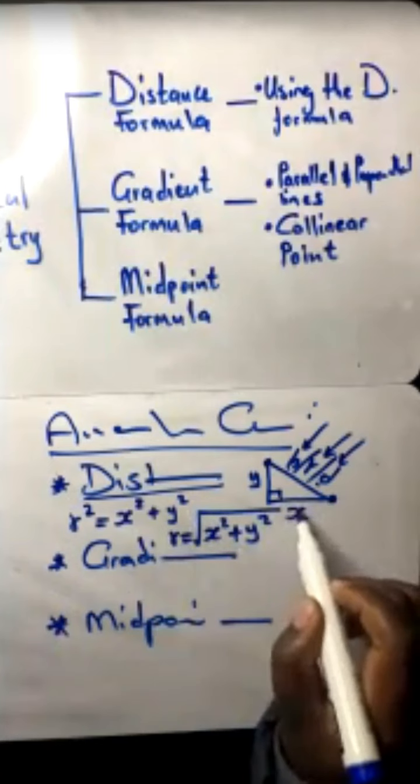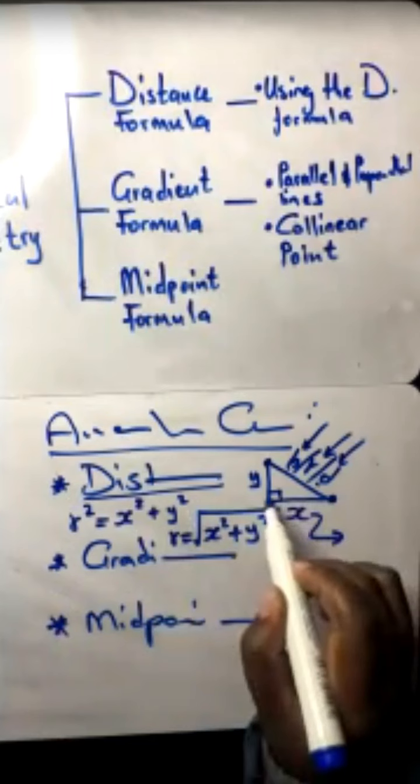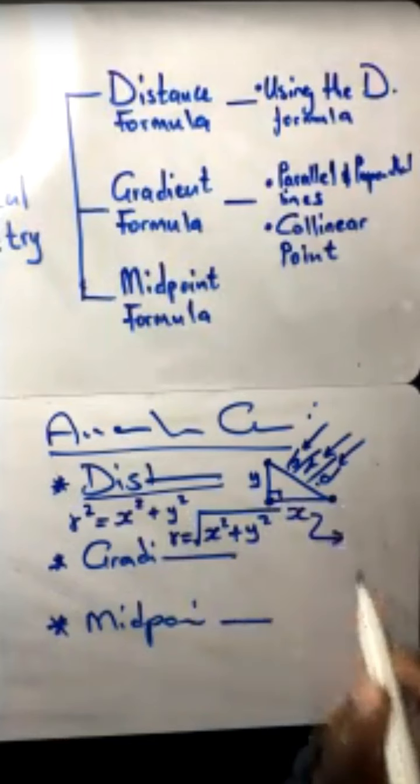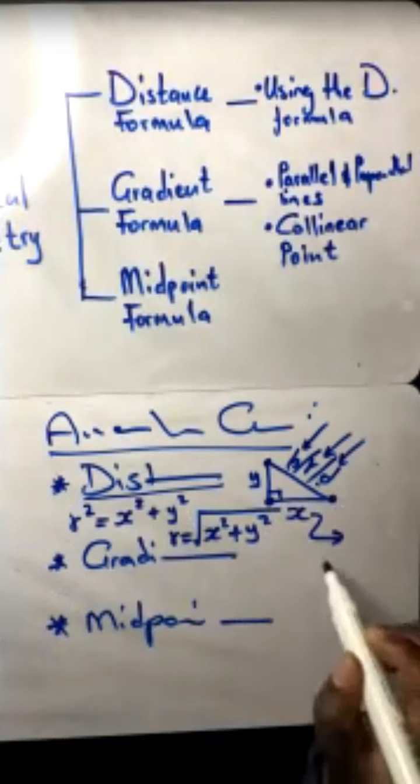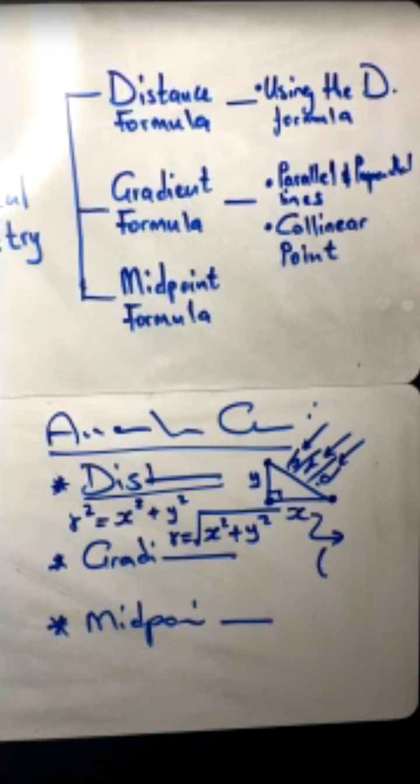And that x value is from that point to that point over there. I'm not sure if you are able to see where I'm writing. Is it clear for everyone?